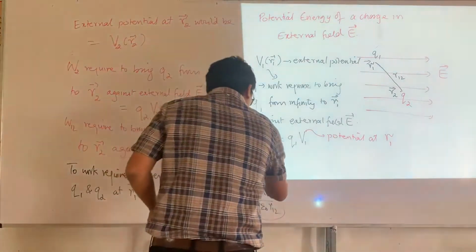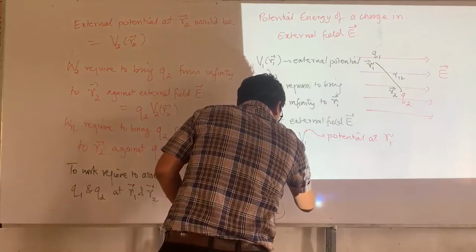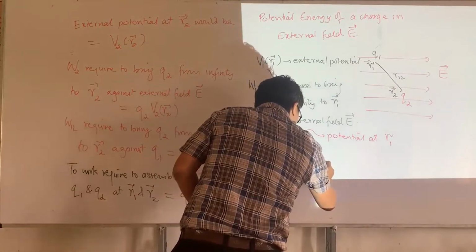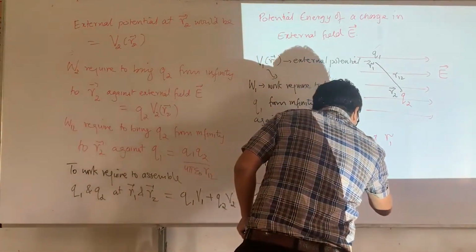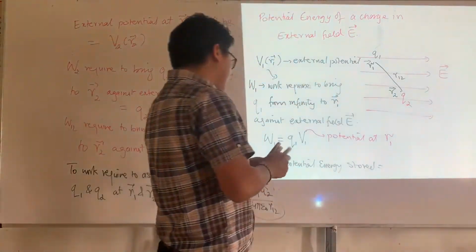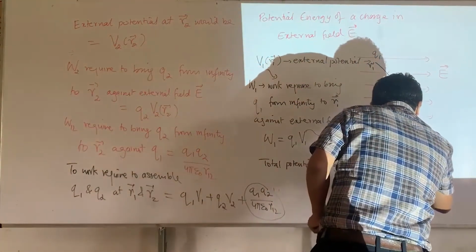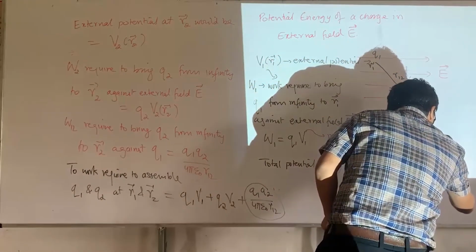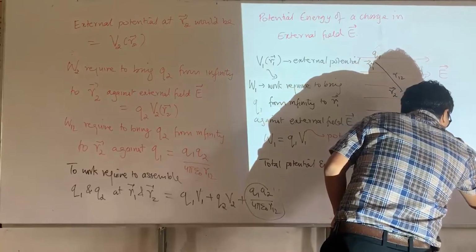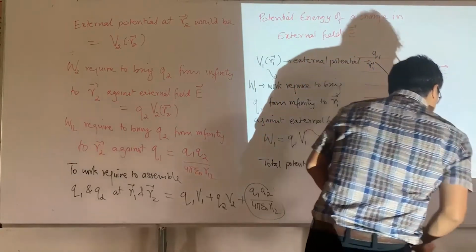Finally, I write the total potential energy stored is equal to Q1 V1 plus Q2 V2 plus Q1 Q2 divided by 4 pi epsilon naught R12. This is the point.